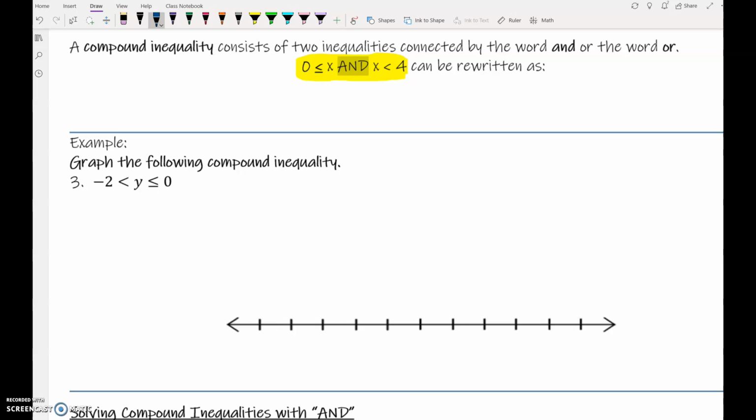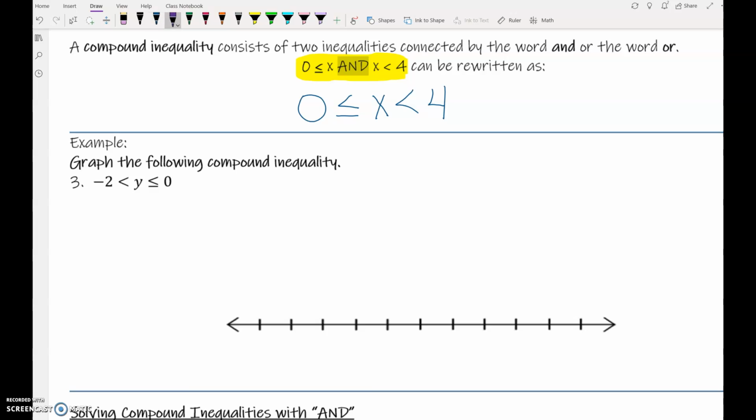If x is supposed to be greater than or equal to 0, and x is less than 4, we write that as 0 is less than or equal to x is less than 4. Basically, an and inequality tells you that x can be anything in between the smaller number and the bigger number. So you write it as one inequality with multiple inequality symbols.